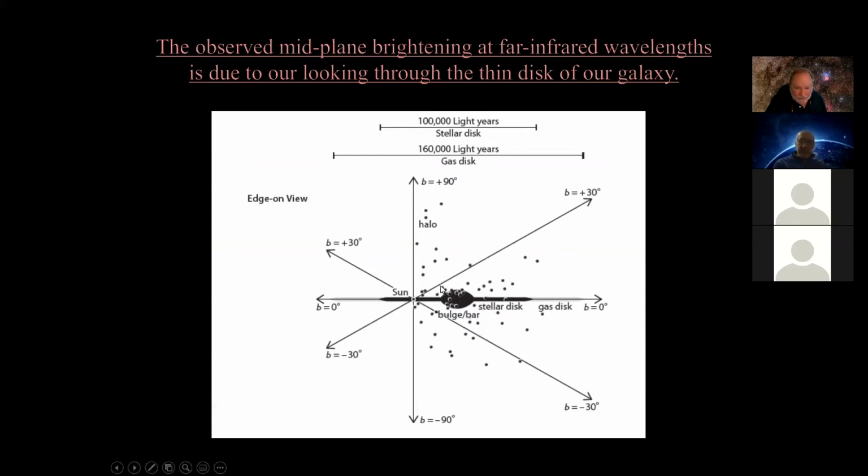As you look off the galactic plane, you're seeing less and less material. And in fact, you're probably probing a much smaller piece of the disk. Okay, these objects right here are star clusters. So as far as the gas and the dust in the disk, you're probably just probing a small amount. And so that's why you see less and less emission compared to if you were looking in this direction, okay?